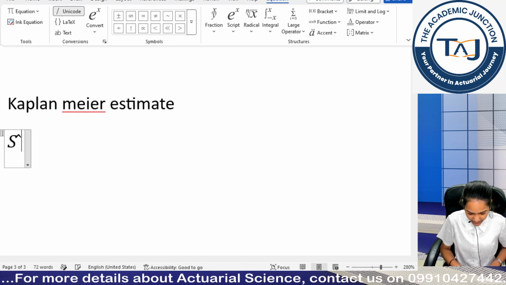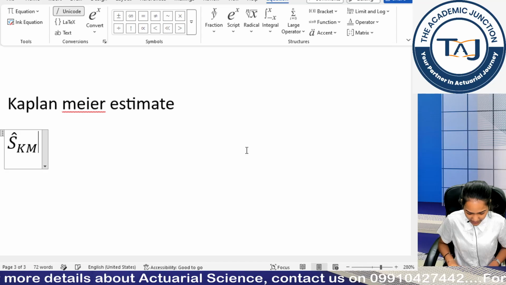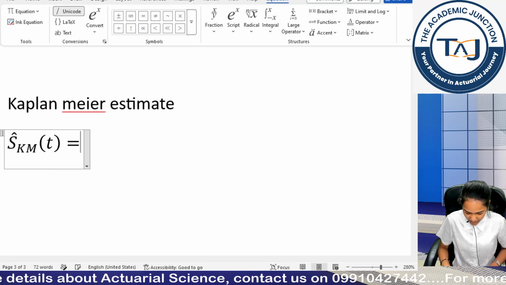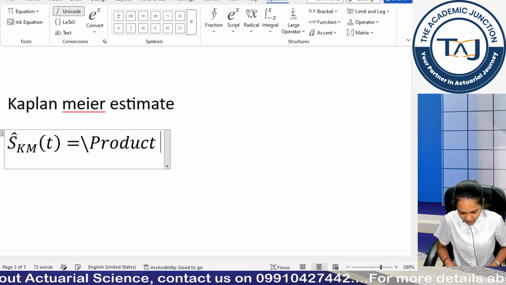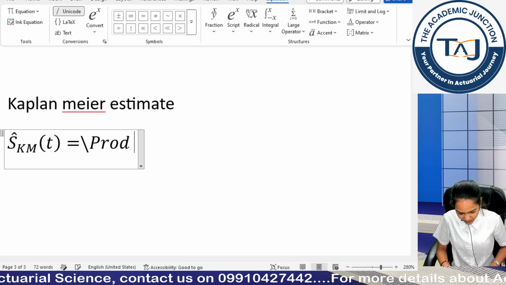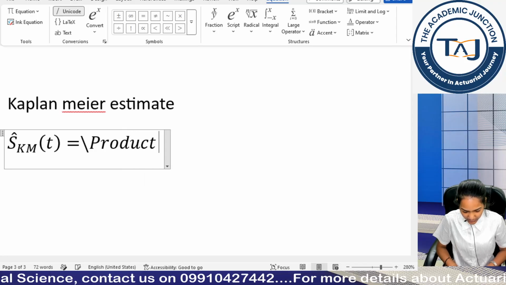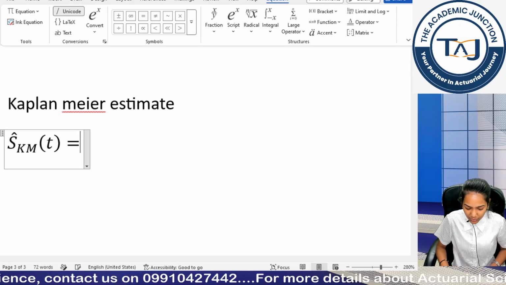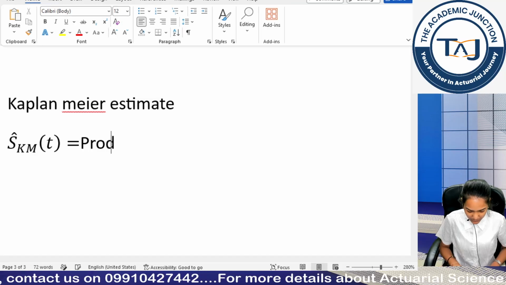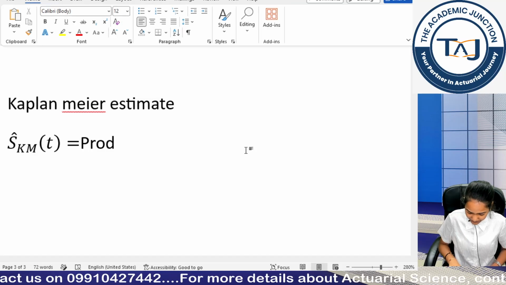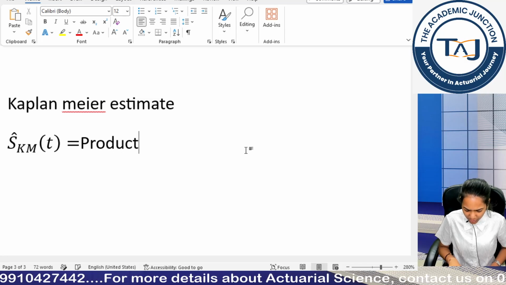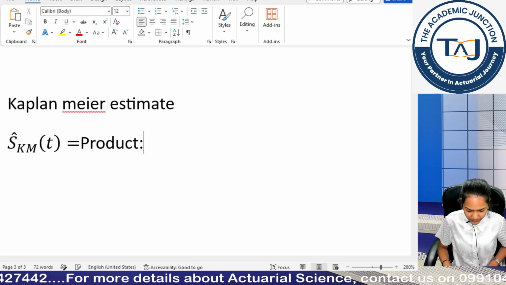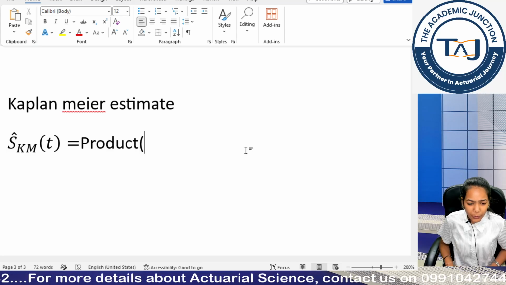So let's try writing it once again. Yes, S hat Km T is equal to backslash, we have product. So look, it's still not coming. So let's do the normal approach only. So prod. Control Z. Either you can write prod or you can write the whole product. Okay. So product from limit.